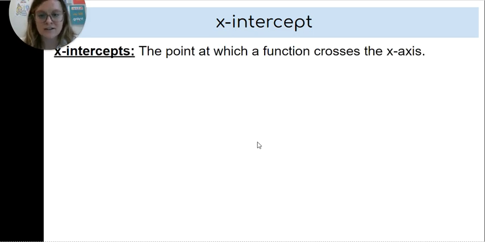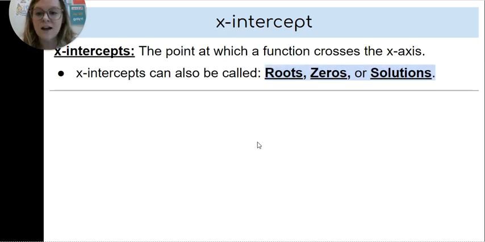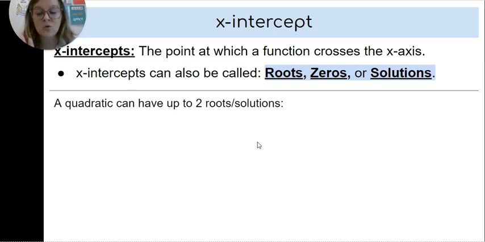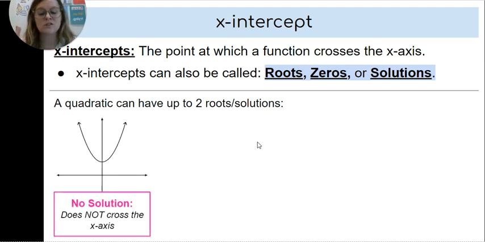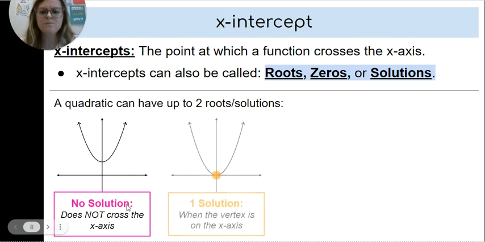So the x-intercept is obviously where it crosses the x-axis, but a reminder, we can sometimes call these roots, zeros, or solutions. So those all kind of mean the same things. Now, when we're talking about quadratics, we can have up to 2 roots, all right? So we could start with 0, we could have no roots. Here's the x-axis, right? So if it doesn't cross the x-axis, we're going to write no solution.